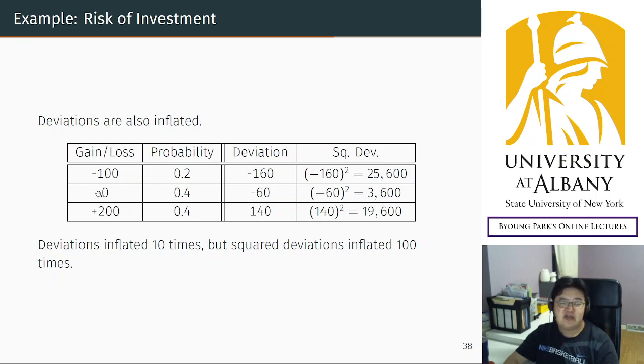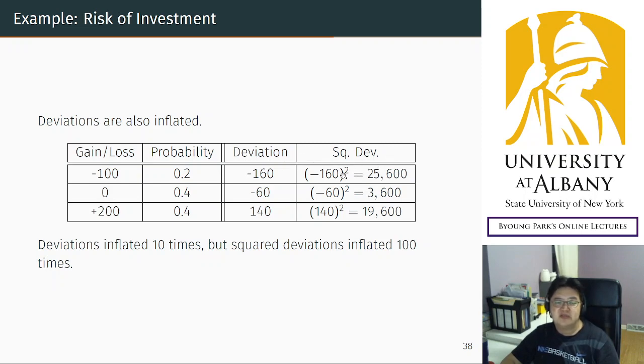If you gain nothing, lose nothing, then it's $60 below your expectation, and $200 is $140 above your expectation, right? So this is the deviation, the difference between outcome and the center, the mean. The mean is 60, and deviations are like this, and now square them.